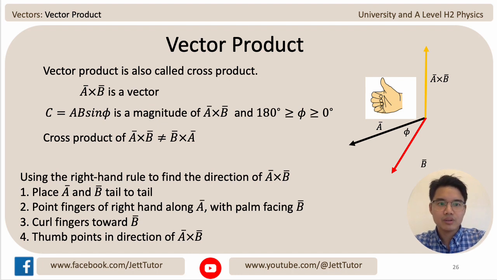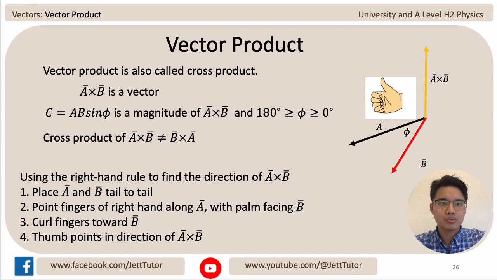Vector A cross vector B is a vector C equal to AB sine phi, which is the magnitude of vector A cross vector B, and the angle phi is between 0 and 180 degrees. So the cross product of vector A cross vector B is not the same as vector B cross vector A.